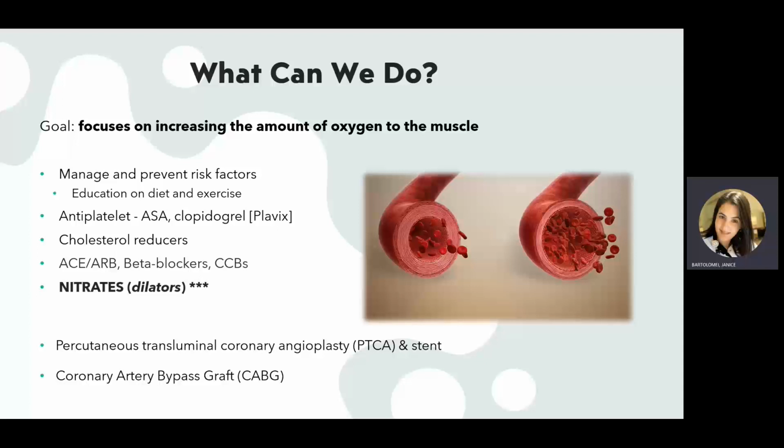I'll go over that in just a little bit. Or if the artery is completely blocked or not reachable, they might have to do a coronary artery bypass graft, where they're rerouting the blood flow.